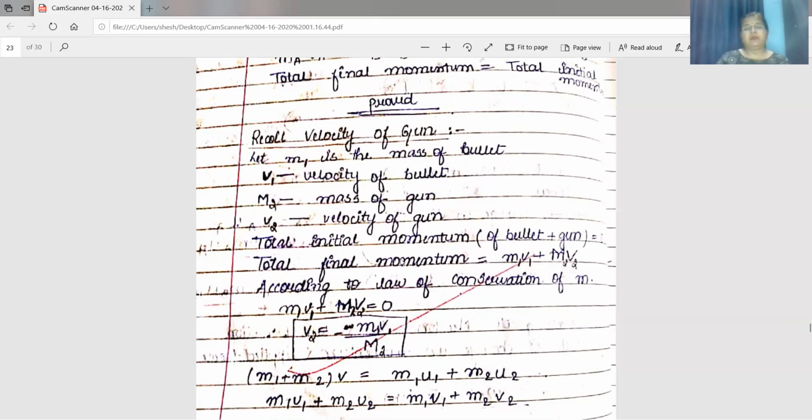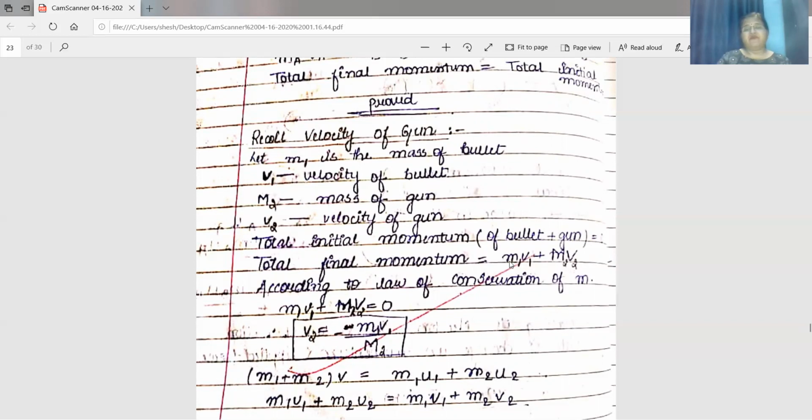What will be the final momentum of the system, that is gun plus bullet? It is the final momentum of bullet plus final momentum of gun. The final momentum of the bullet is m1v1 and the final momentum of the gun is m2v2.